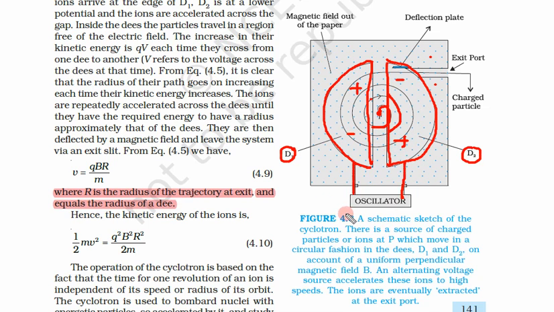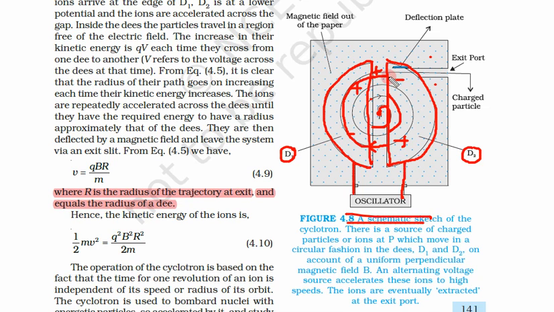So what does this oscillator do? It oscillates the voltage. Because of that, the particle always accelerates towards the negative potential, and because of the magnetic field it takes a round path. As soon as it reaches here, this side again becomes positive, the other side becomes negative.